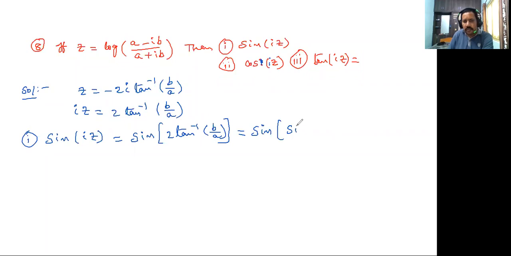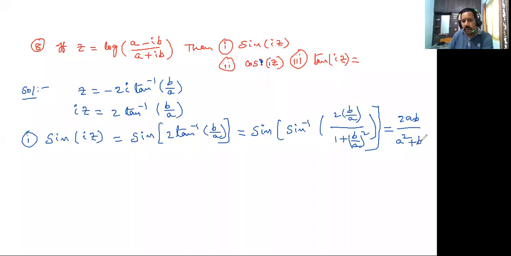This is sine inverse of 2 into b by a divided by 1 plus (b by a) whole square. Now the sine inverse is going to cancel. The remaining part, the answer, is 2ab by a square plus b square. Do some calculation and you will get this.